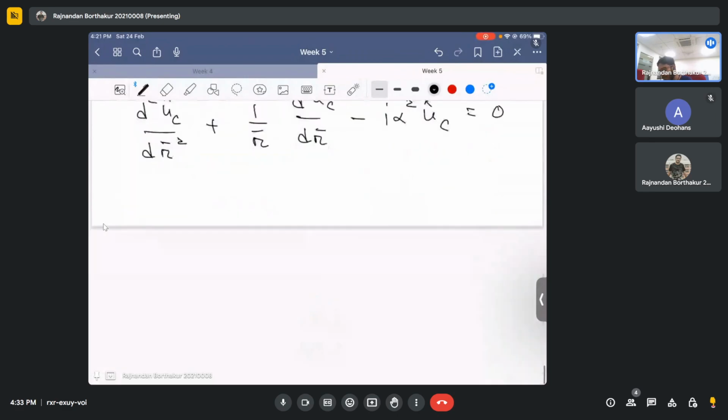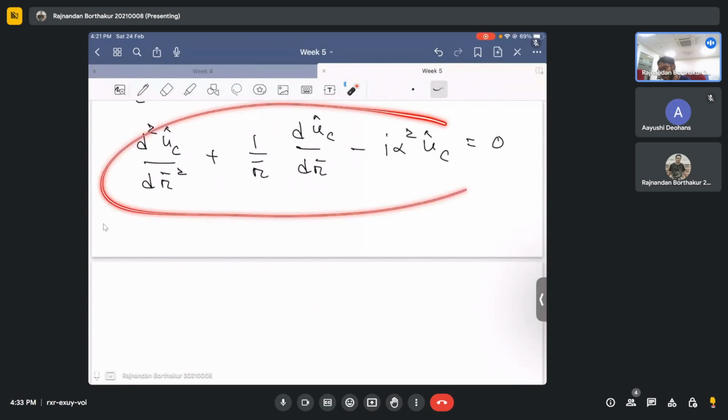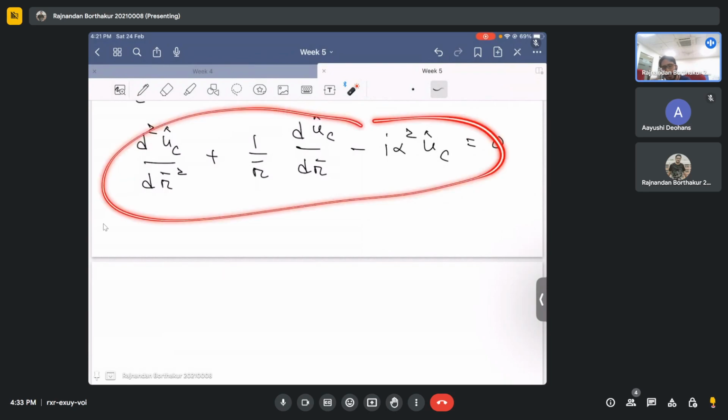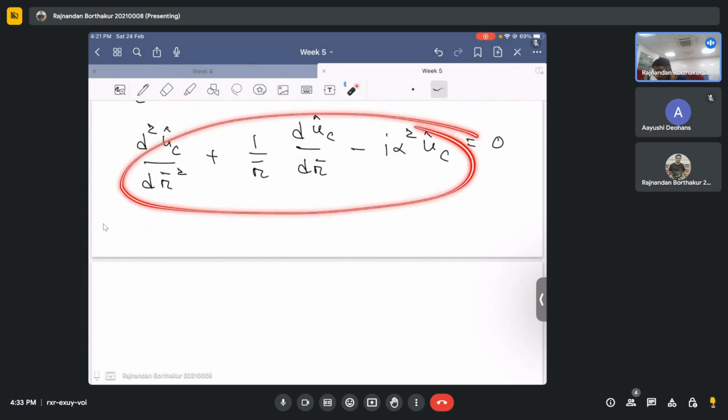So this gives us a hint that we are approaching the form of the Bessel equation, but this is not exactly the Bessel equation. In fact, we need to do a change of variable here. But before that, let's multiply this entire equation by r bar squared.